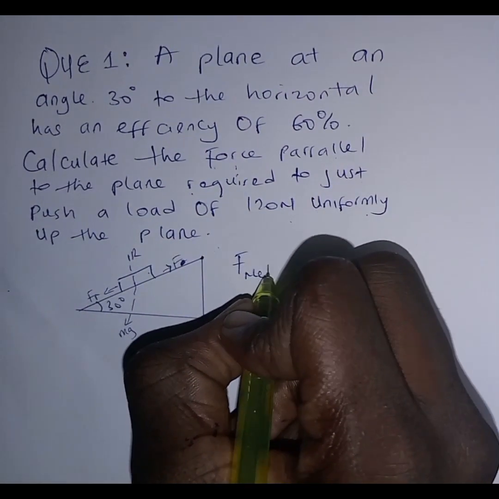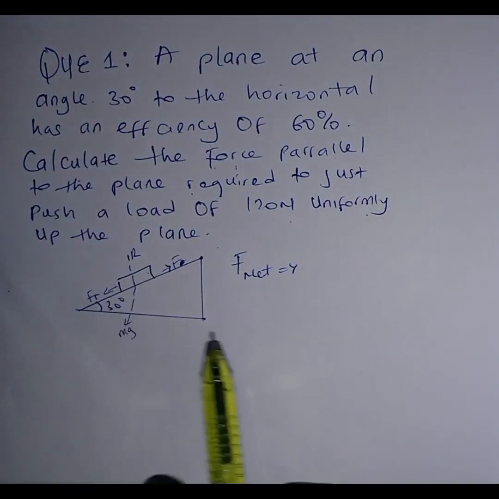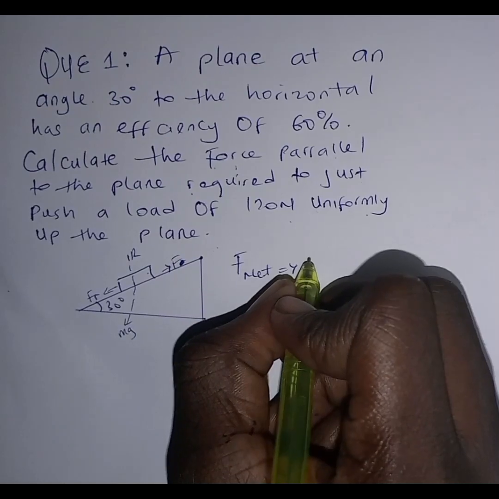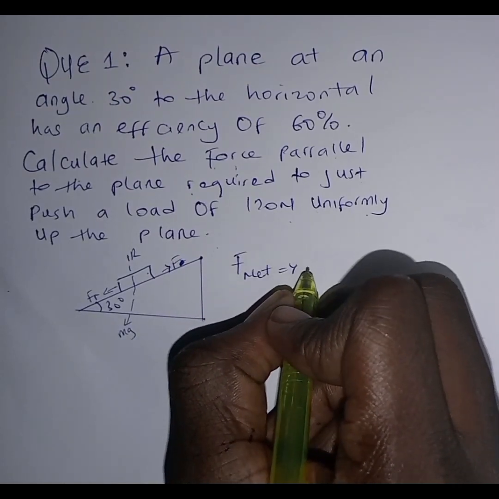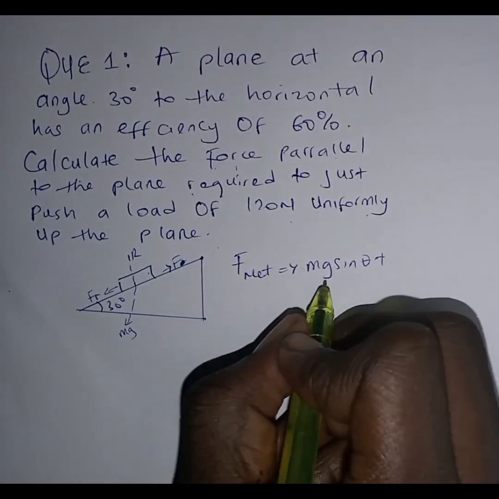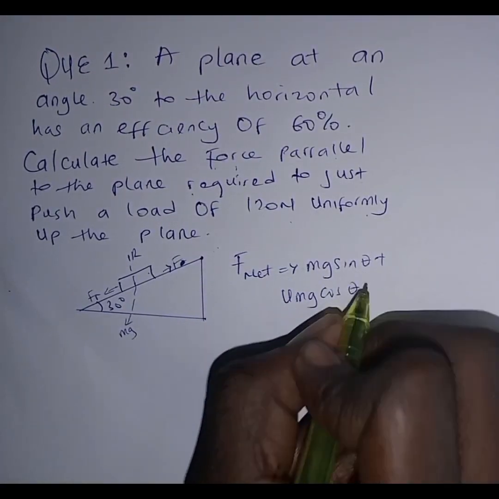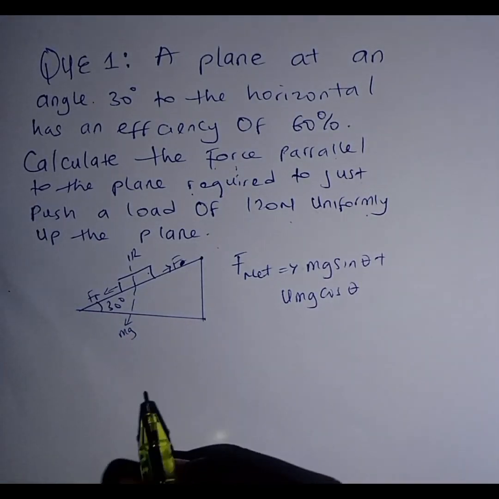Remember, I told you that whenever you are asked to calculate the force that keeps the load moving on an inclined plane, the formula is mg sin theta plus mu mg cos theta. Now using this we get our answer.